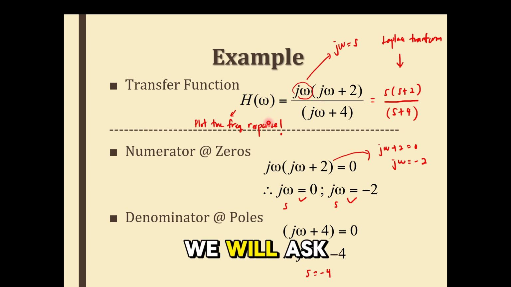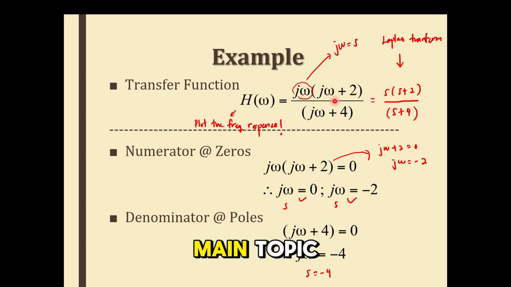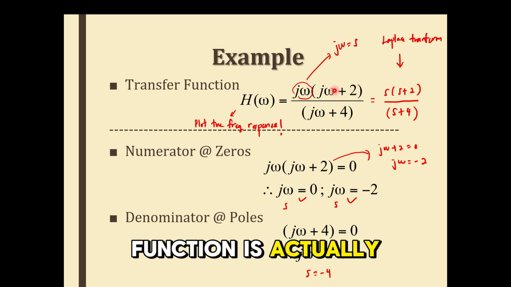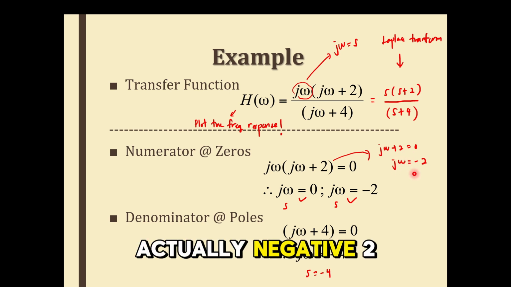Usually we will ask you to draw the frequency response. This is the main topic, but at the same time you should know where your poles and zeros are. So here, this part equals 0 and this other part equals 0, which gives -2. Here j omega plus 2 equals 0, so j omega is -2.